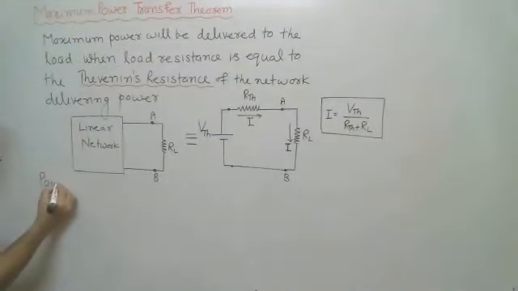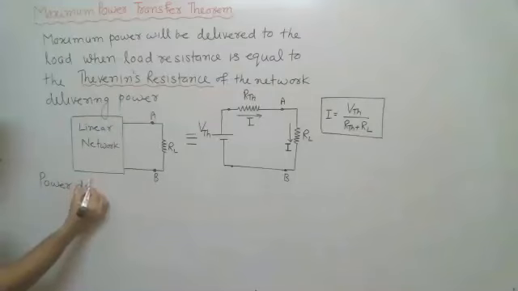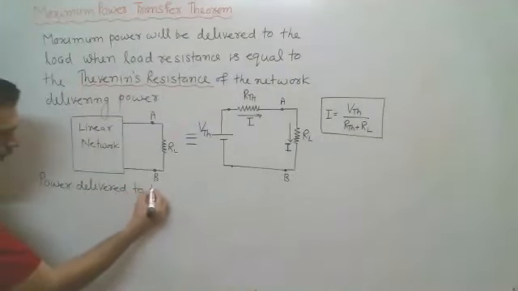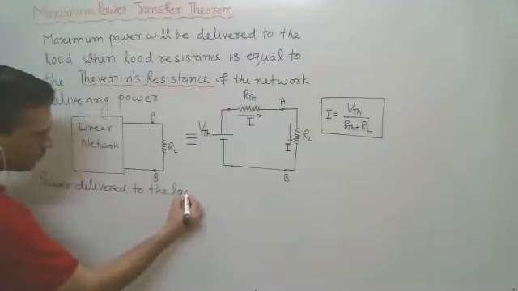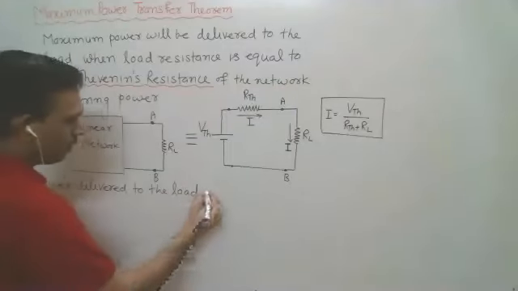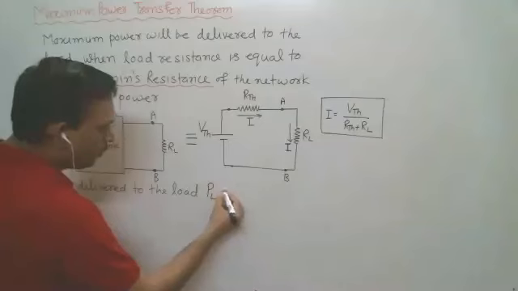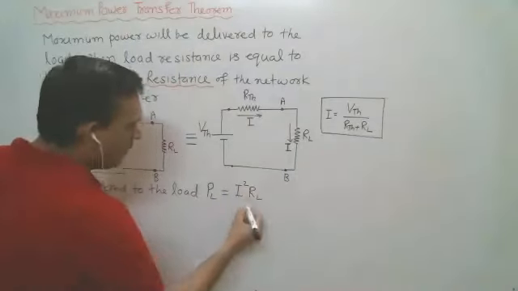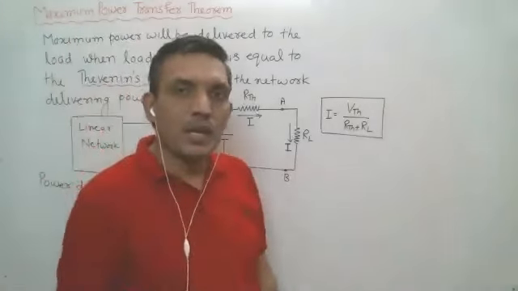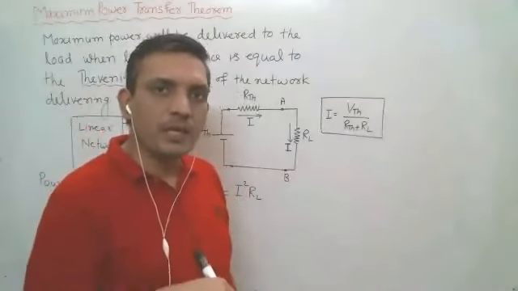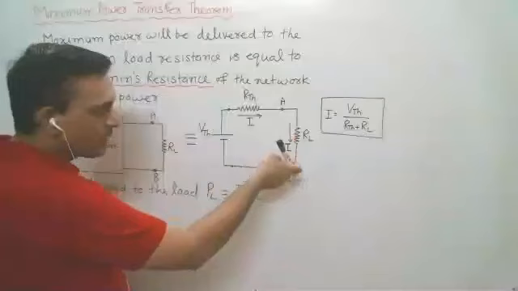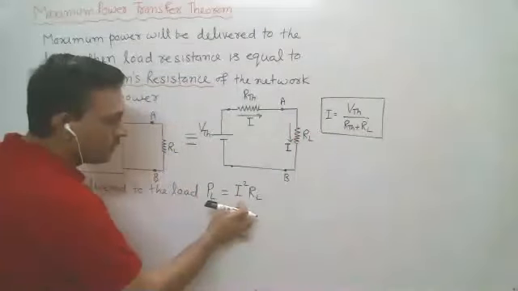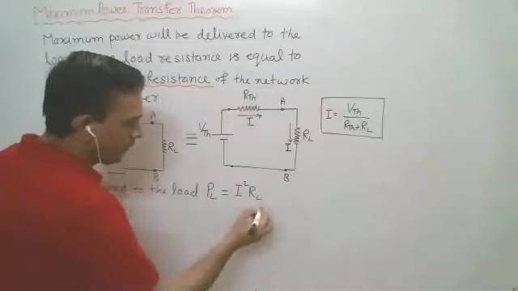Now find out what will be the power delivered to the load. So power delivered to the load in this case is I square RL. Power is I square R. In terms of voltage, V square by R. So if current is I, load is RL, so power delivered to the load is I square RL.